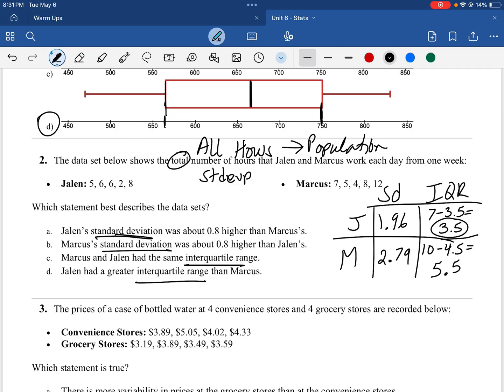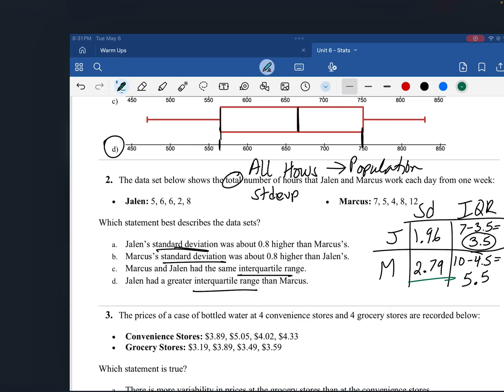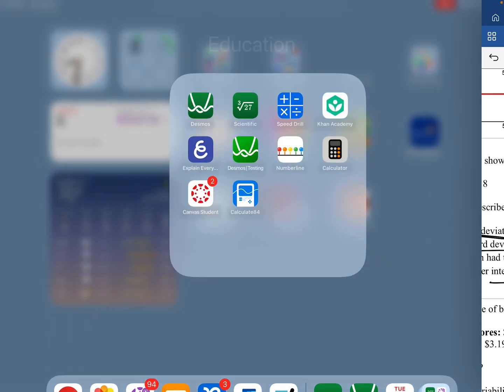It says Jalen's standard deviation was about 0.8 higher than Marcus's, okay? Let's figure out what the difference is right here. Marcus's was 2.79, so let's go ahead and subtract them. I guess I shouldn't have closed my Desmos yet.